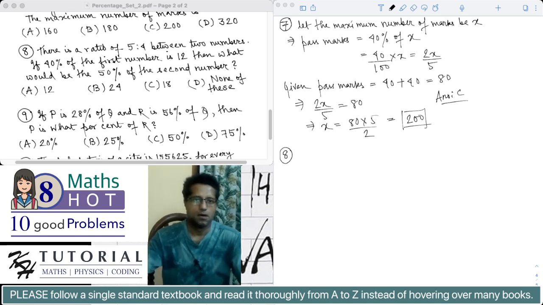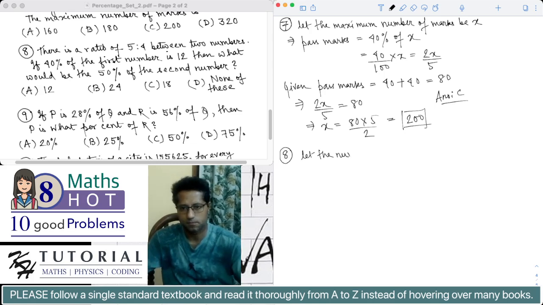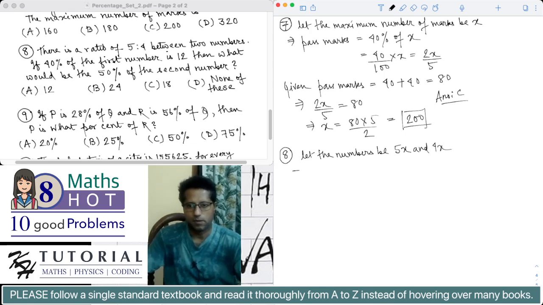Okay, if 40% of the first number is 12, let the numbers be, since the ratio between two numbers is given to be 5:4, 5x and 4x. Now, it is given that 40% of the first number is 12.